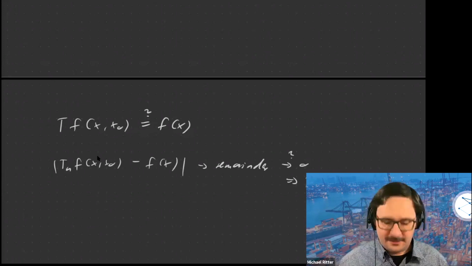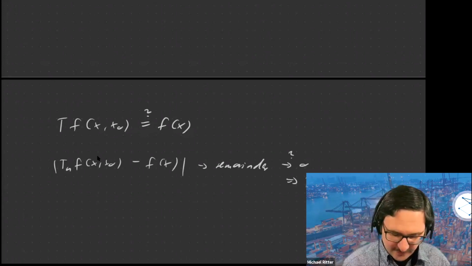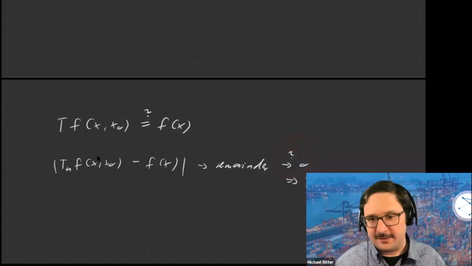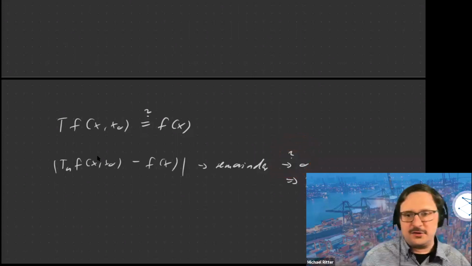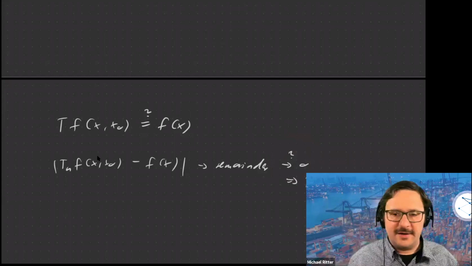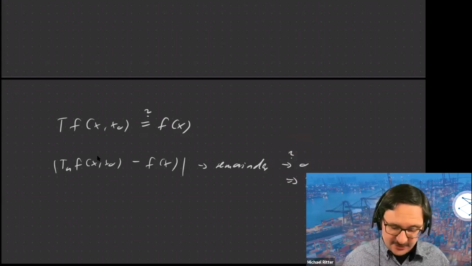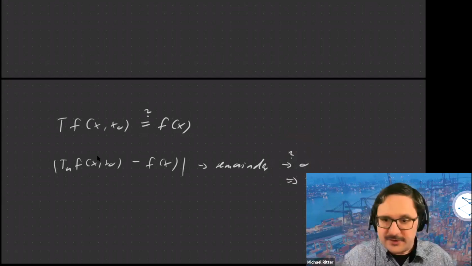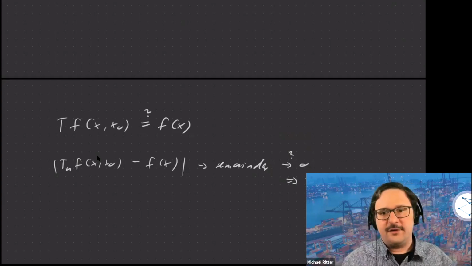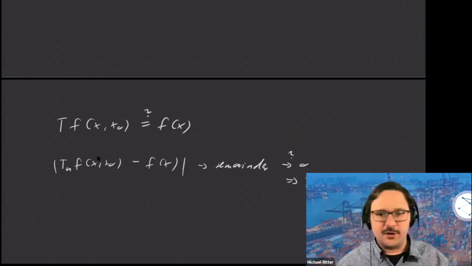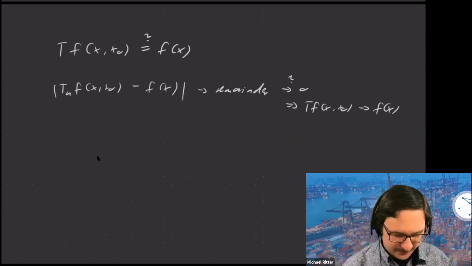And of course, that property of the remainder going to 0 might depend on x. It might not be true for all x's, but maybe for just a subset of all possible values of x. So that's one application. We want to see if the Taylor polynomial or the Taylor series actually converges to the correct value, the one we want.